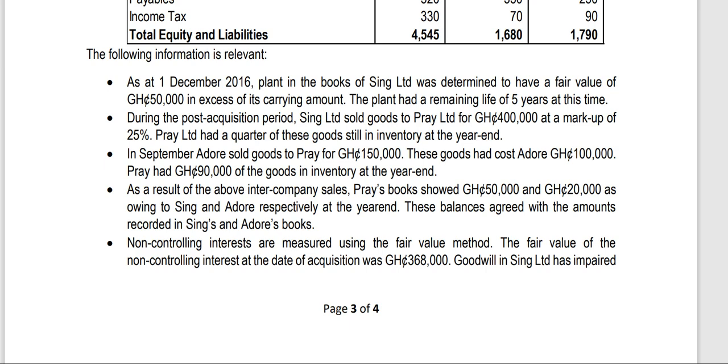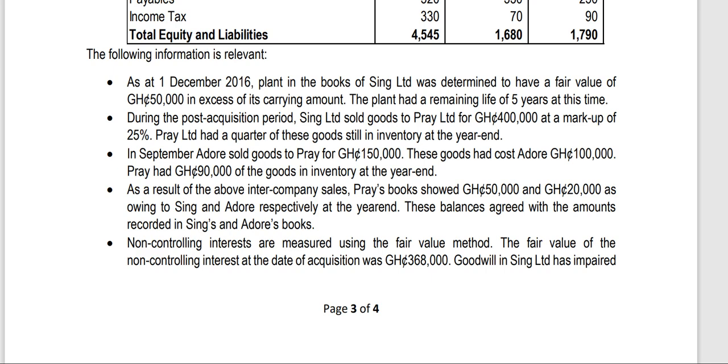As at 1st December 2016, date of acquisition, plant in the books of Sing Limited was determined to have a fair value of 50,000 in excess. So we have fair value of plants of 50,000 in excess.